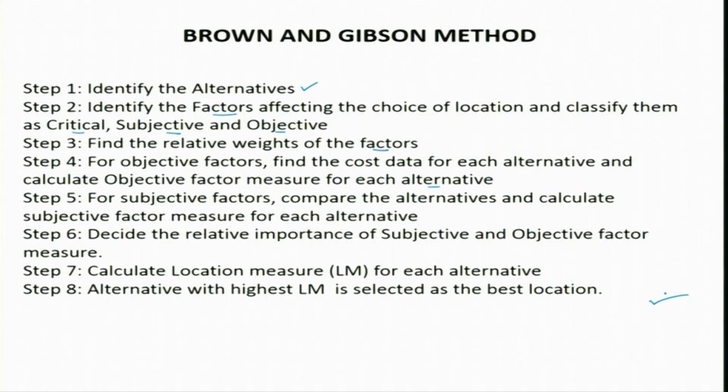So, this is the procedure, though it is a very simple procedure. Select the alternatives, select the factors, and divide the factors into 3 categories: critical factors, objective factors and subjective factors. For critical factors, if it is not present, it gets a value of 0, and if it is present it gets a value of 1.